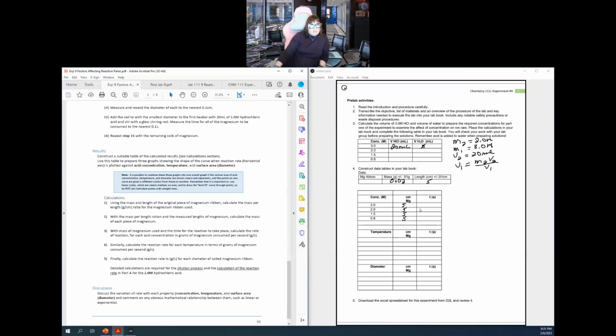So again, we're going to assume that this is 5 centimeters, and we're supposed to calculate a gram per centimeter ratio. So my grams is 0.02 grams, and it's 5 centimeters.